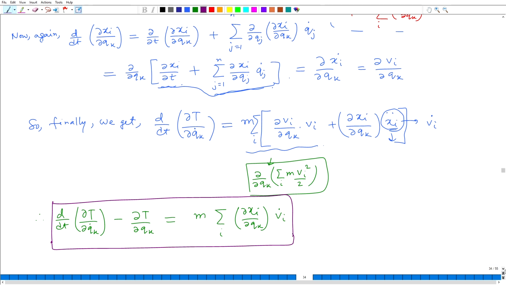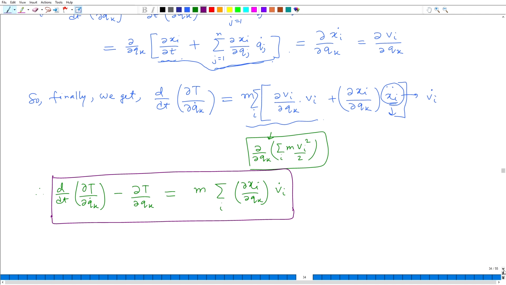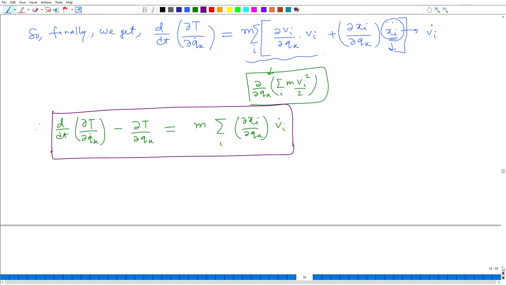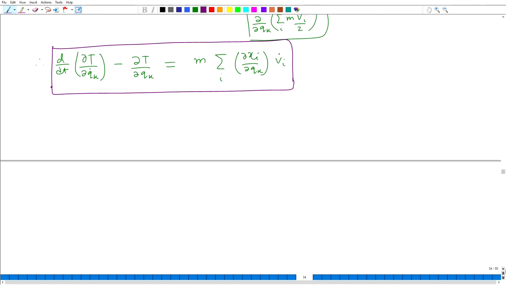This is an important relation at this moment. I now will do something a little bit strange, but this is a very useful mathematical technique. I can write this as m summation over i v̇_i ∂x_i/∂q_k.